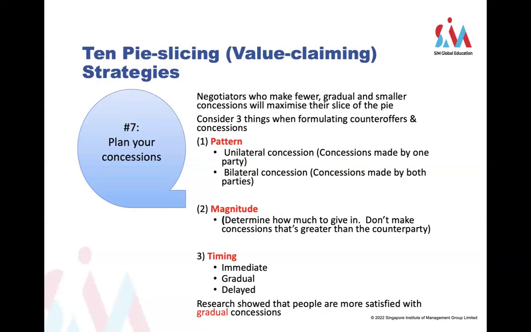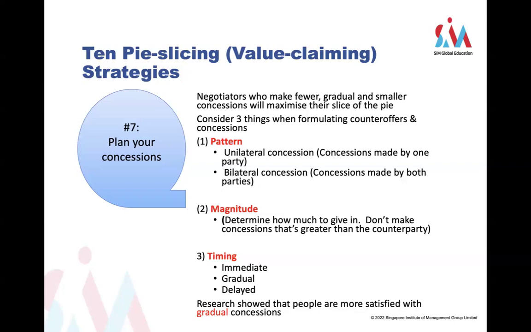Now, look at the magnitude of concession, how much to give in. Do I give a 1% discount or 2% discount or 5% discount or 10% discount? Now, don't make a concession that's greater than the other party. Okay, if the other party is only offering a 1% discount, there is no reason for you to offer 5% discount.